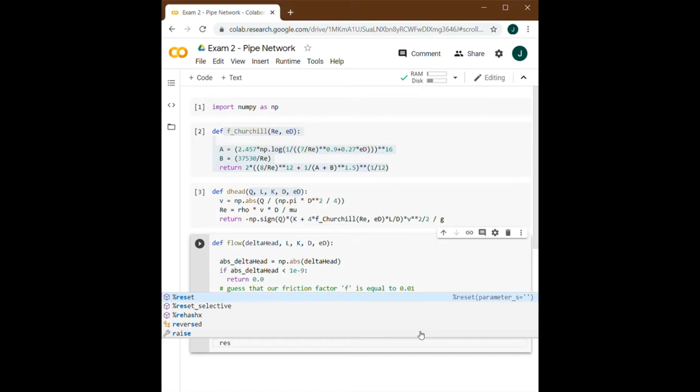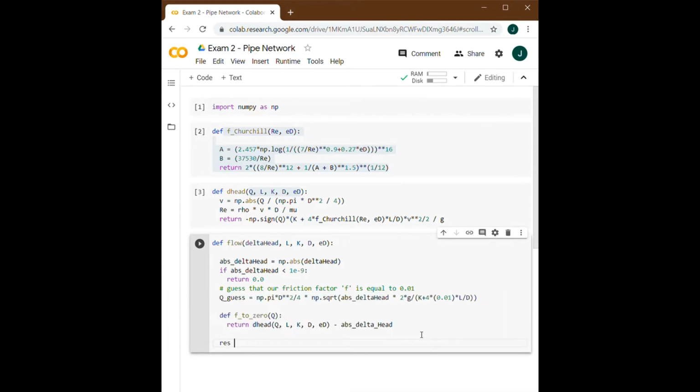So, now that we have that function, we are going to basically run another function which will solve this problem for us. Get an answer where we find a head and a flow rate that's going to be equal to our actual delta head. In order to do this, we're going to need a Newton function.